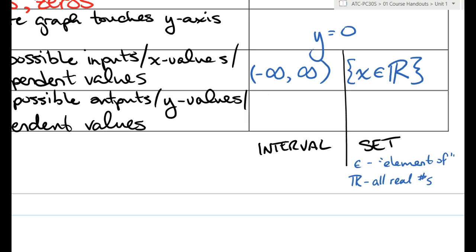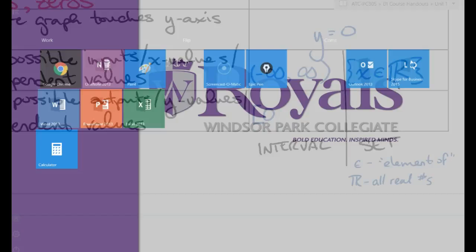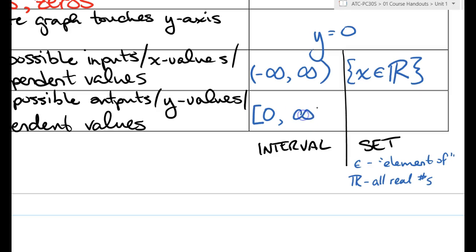So my minimum value is defined by a square bracket because it actually exists on my graph. So in this case, my minimum is 0. That's the very bottom, the very lowest y value that I can have. But it can keep going forever upwards because as I square numbers, they keep getting bigger. So it goes all the way up to positive infinity.